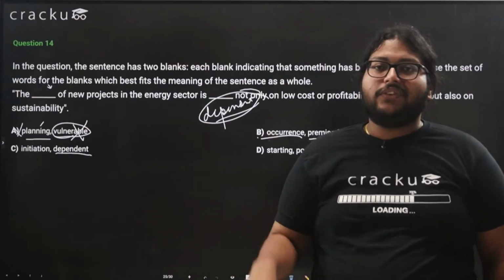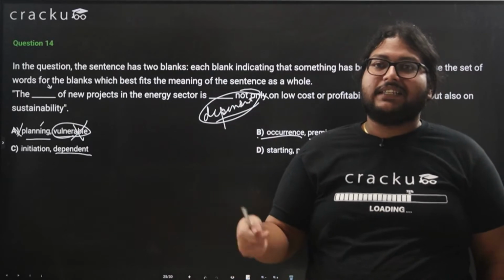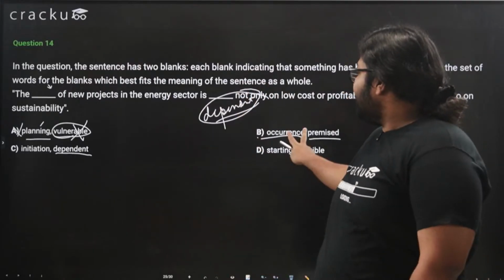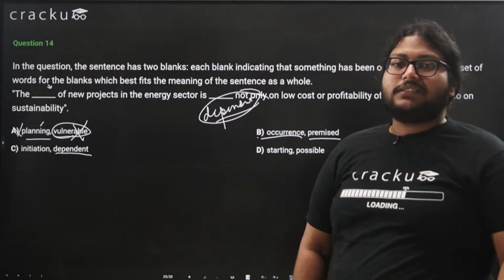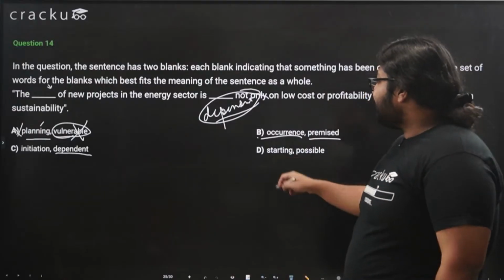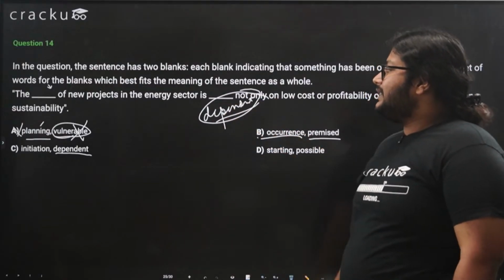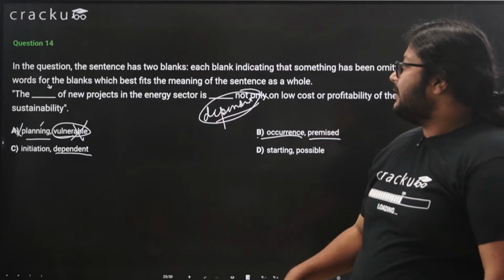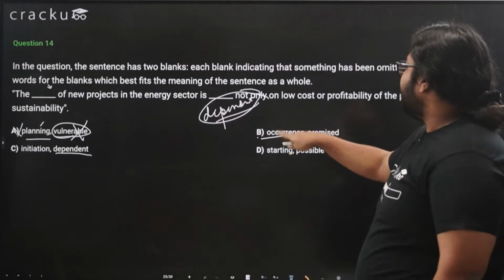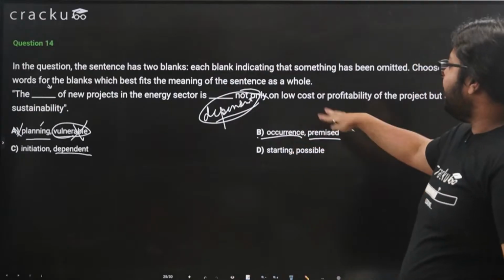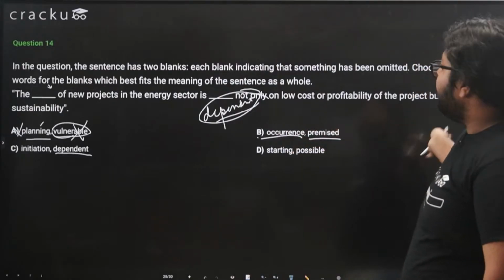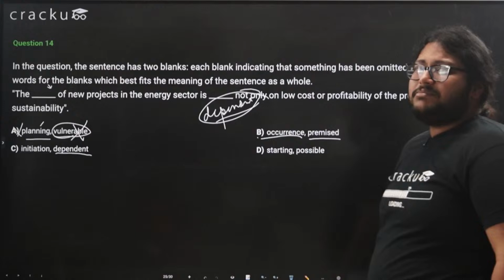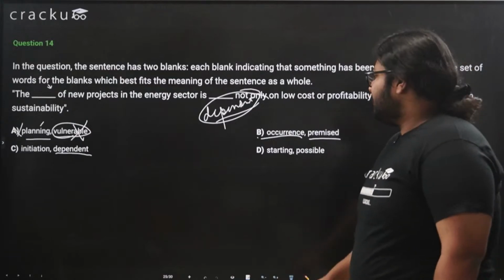We did not plan for it to happen. It still happened nonetheless. So occurrence is used more in context of natural things. That is why the occurrence of new projects in the energy sector doesn't make that much sense. The occurrence of new projects is premised not only on low cost or profitability, but also on sustainability. That doesn't make proper sense. We can reject it.